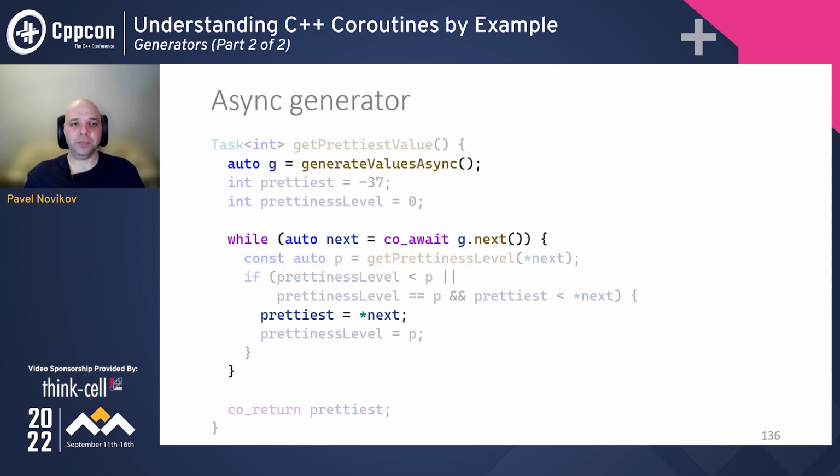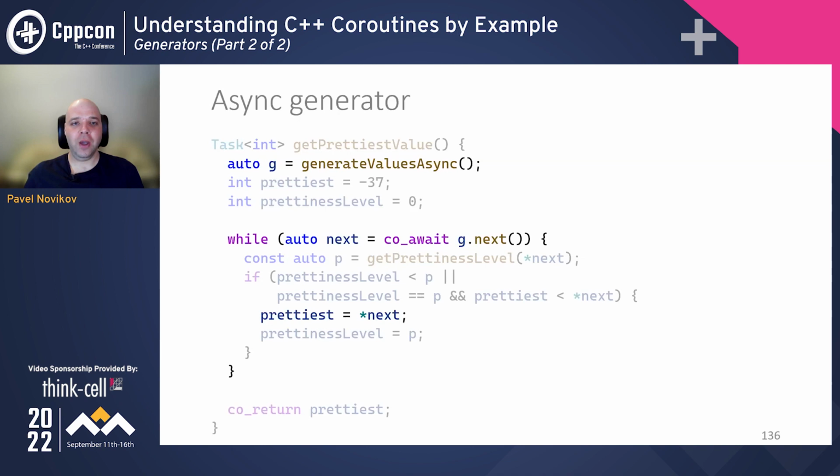And so the coroutine that uses this asynchronous generator can look like this. We create an asynchronous generator. We loop over some kind of construction that is co-waiting on the next value.